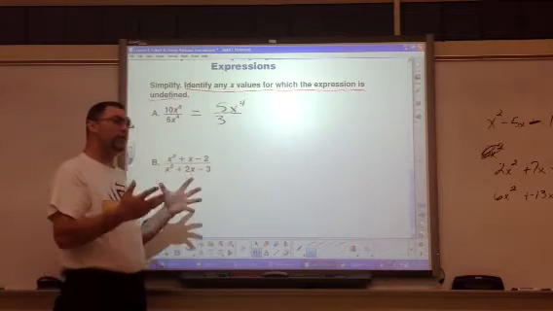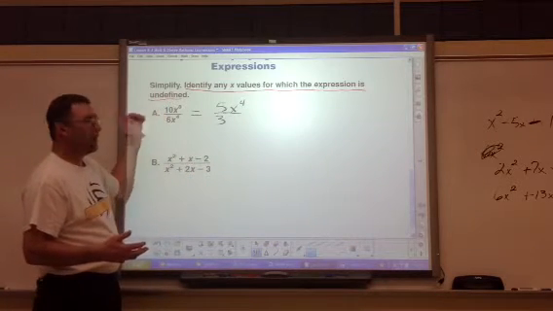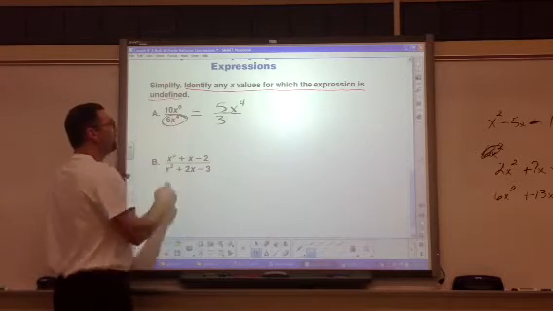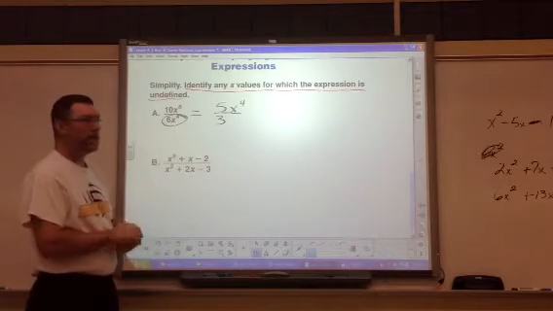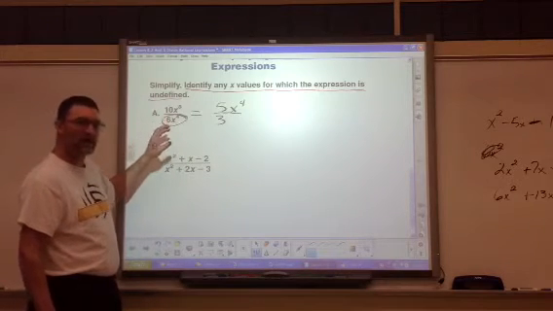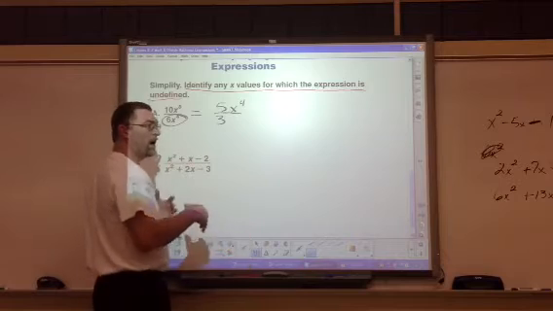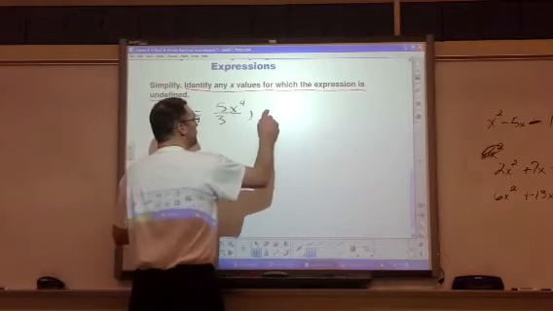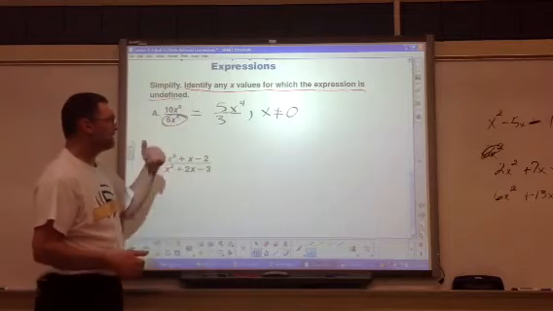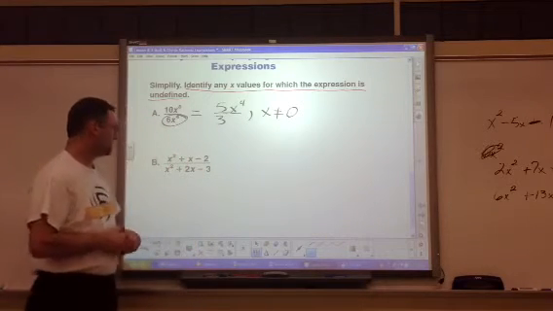Now, when I'm going to find where it's undefined, I'm looking back at my original denominator. And what makes that equal to 0? If all there is, is an x there, or x raised to some power, it's just plainly that x cannot equal 0. And we'll write it that way, that x cannot equal a certain number.